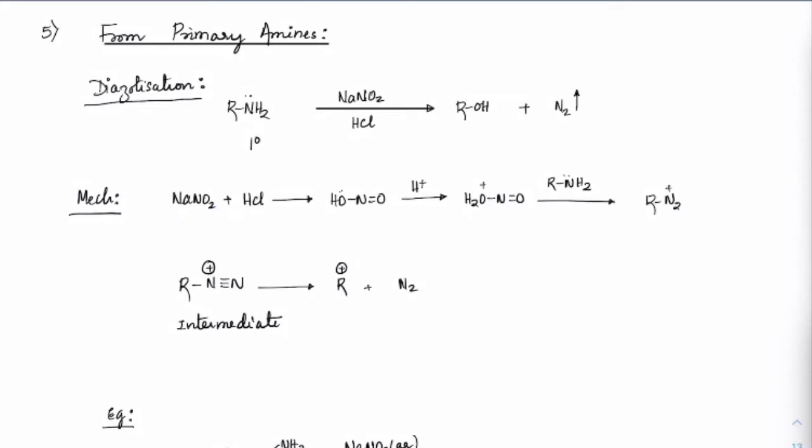See, NaNO2, when you treat that with HCl, first it will form nitrous acid. In nitrous acid, the lone pair present on oxygen will take away this H plus and it becomes a good leaving group.